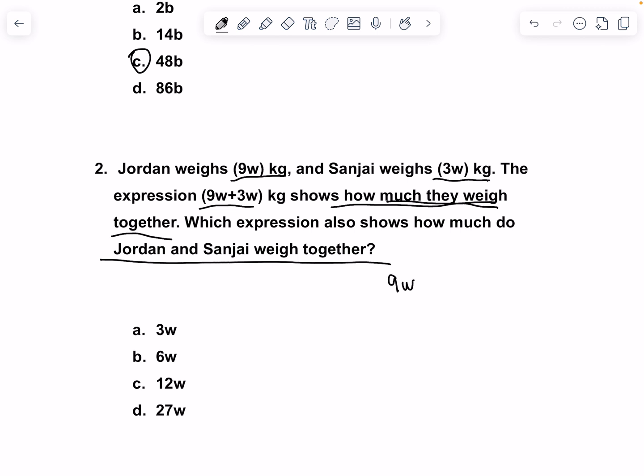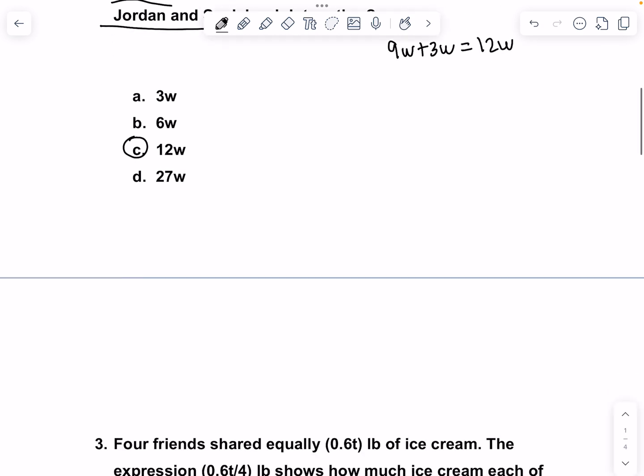We'd simplify 9W plus 3W, and since they are like terms, we just add. So 12W, and since 9W plus 3W shows how much they weigh, and it's equal to 12W, that means 12W also shows how much they weigh together. So the answer would be C, 12W.